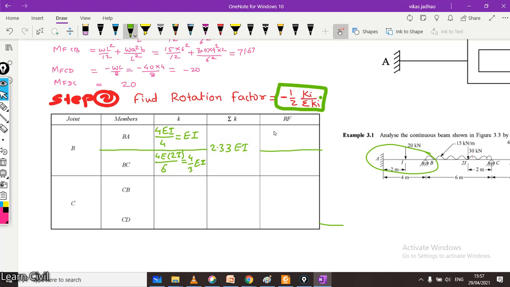Now the rotation factor is equal to minus half into Ki divided by summation Ki. So this value will be equal to minus half into EI divided by 2.33 EI.